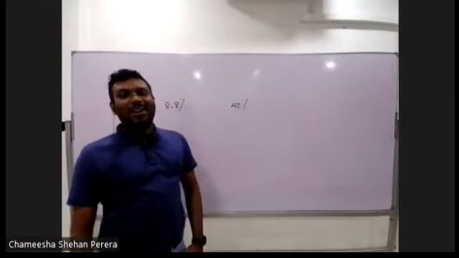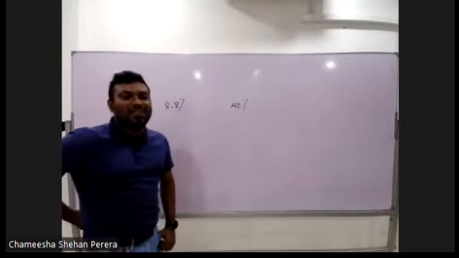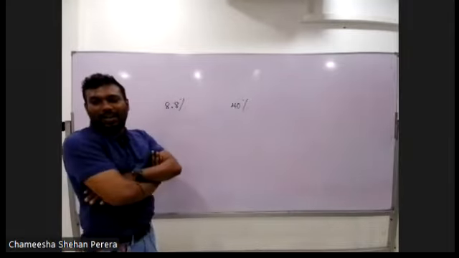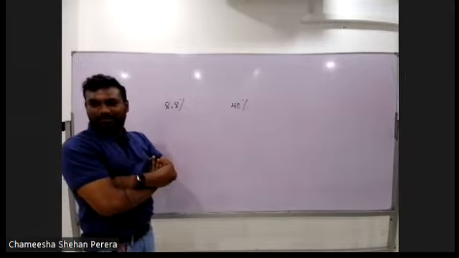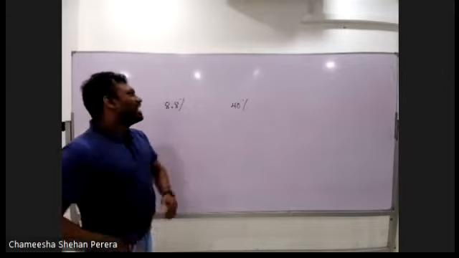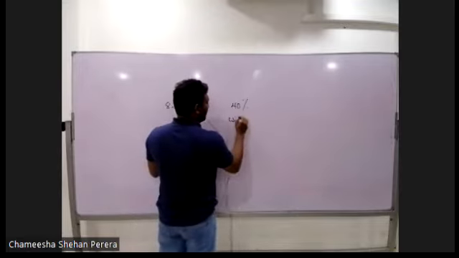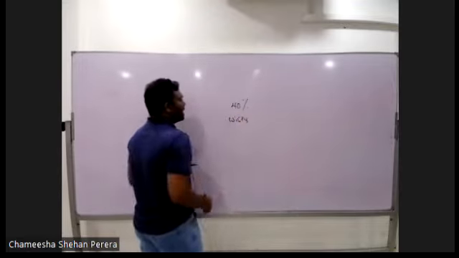Strength. Let's talk about the word strength. 40% or 8.8, which is better? Most of the whiskeys come with this value of 40.